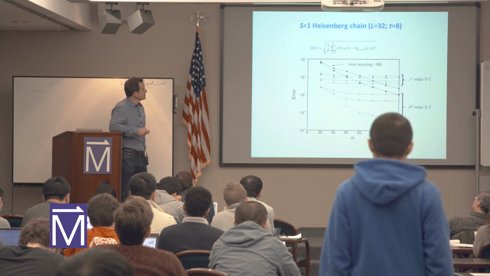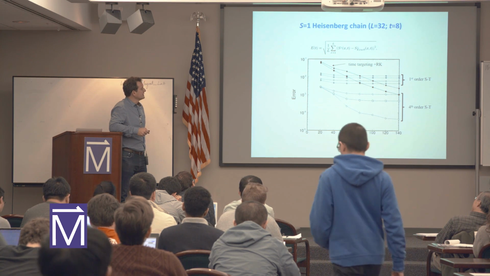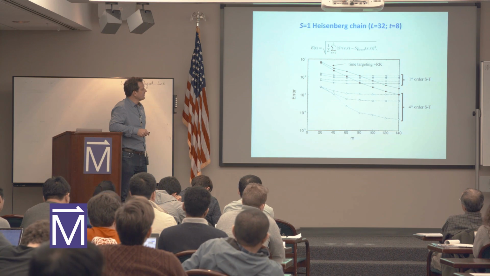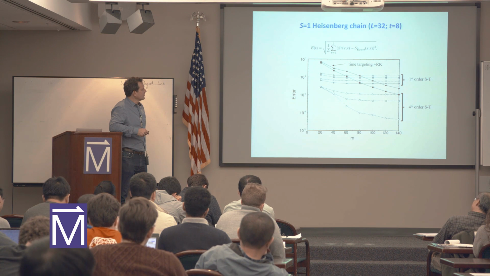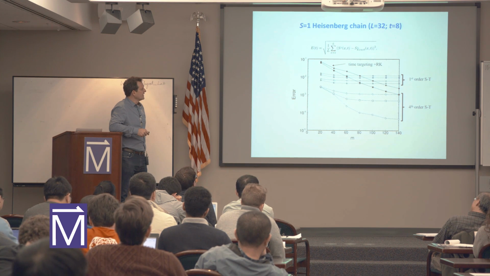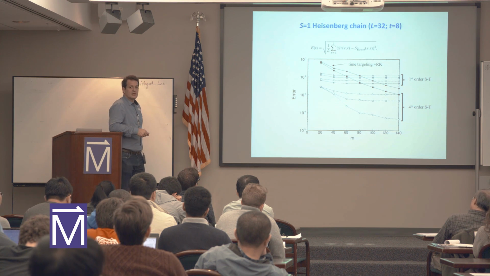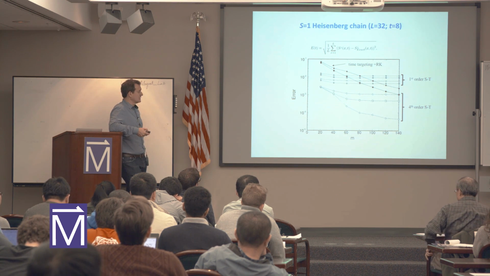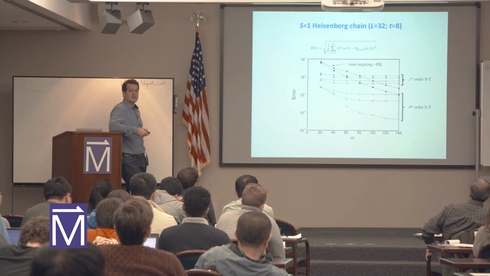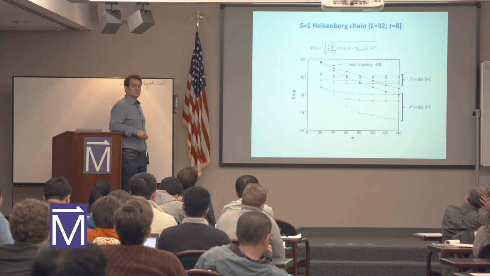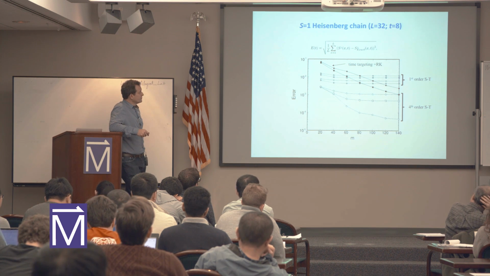So we took the error between some observable and the exact observable, and for different approaches. If you look at Suzuki-Trotter, if you increase the number of states, all the errors saturate. And they saturate because you cannot reduce it any further by keeping more states, because the error is dominated by the Suzuki-Trotter decomposition. If you do Runge-Kutta, you see that the error still goes down as you increase the number of states.